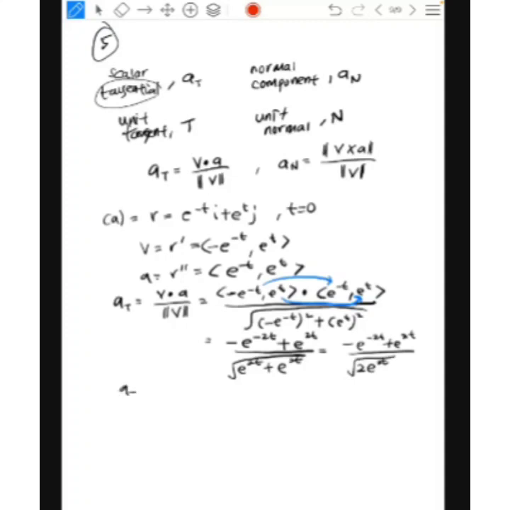Okay, so the question asks you to calculate at t equals to 0. So masukkan je lah kosong. So negatif eksponen kosong tambah eksponen kosong per 2 darab kosong. 2 darab kosong ni kosong lah. Actually atas ni kosong. Bawah ni pun kosong. So dapat itu 1 tambah kosong, kosong.